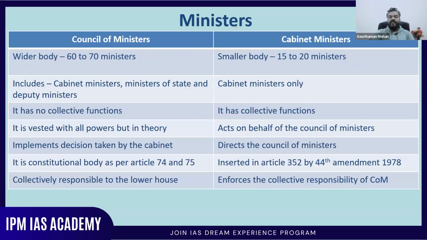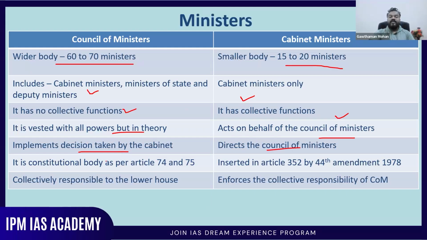Then what's the difference between the Council of Ministers and the Cabinet? The Council of Ministers is a wider body, 60 to 70 ministers you can see, but the Cabinet is a smaller body, a decision-making body, 15 to 20, and includes Cabinet Ministers only, whereas the Council includes Cabinet Ministers, Ministers of State, and Deputy Ministers. The Council has no collective functions, but the Cabinet has collective functions. In theory all powers are vested in the Council of Ministers, but mainly the power lies with the Cabinet only, which acts on behalf of the Council of Ministers, implements decisions taken by the Cabinet, and directs the Council of Ministers.